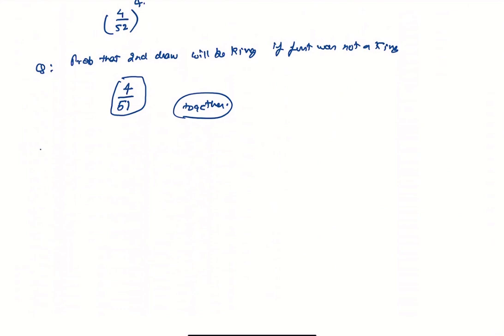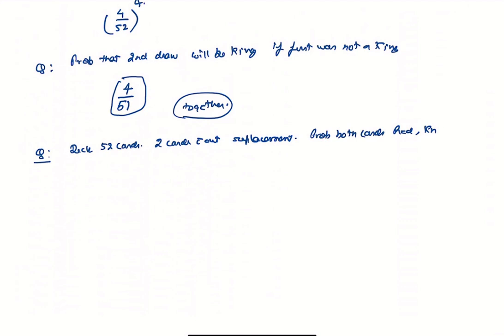Okay, the next question is a deck of 52 cards. You draw 2 cards without replacement. What is the probability of both cards being red, knowing that one is red?